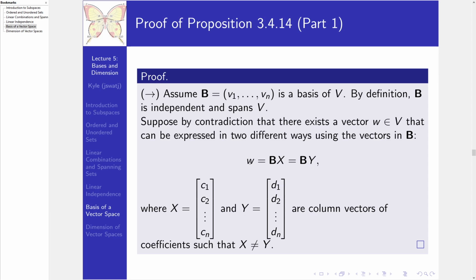So we can rewrite W as B times X and B times Y. This is just vector multiplication with a list of constants C1 to Cn, D1 to Dn, such that these two are not equal. So this is just a condensed way of writing out two linear combinations being equivalent.